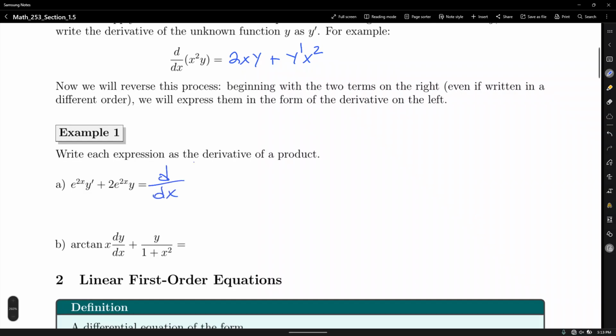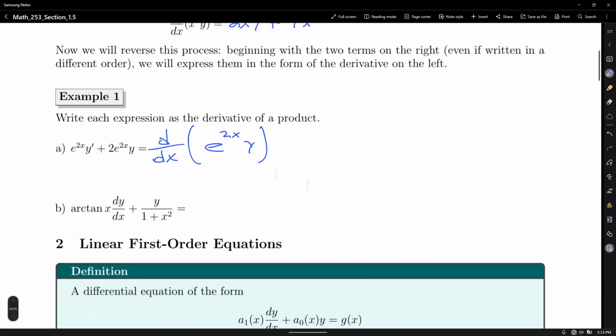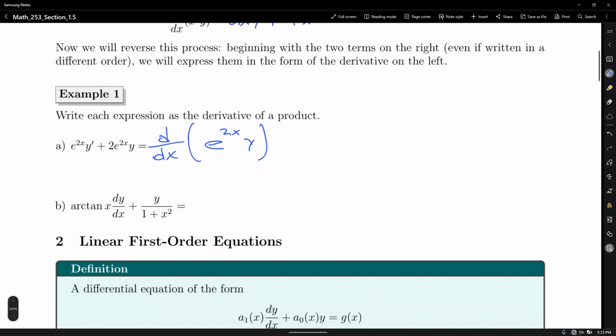d/dx of what product of functions has the derivative equal to this madness here? Any ideas? It's e to the 2x times y, right? So what about the second, let's say letter B? Does that also look like the derivative of a product?